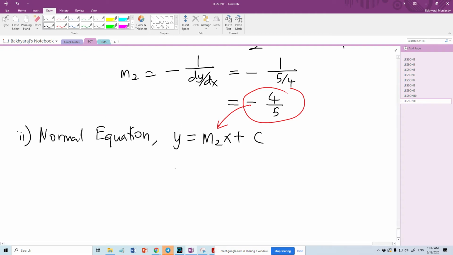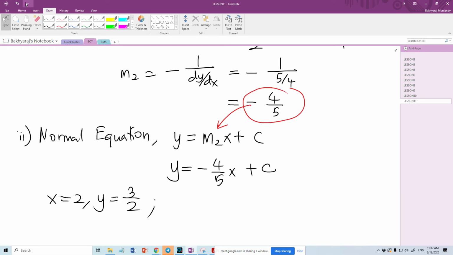Okay, so you get y equal negative 4 over 5x plus c lah. And again, what is your x and y? So x equals to 2, y equals to 3 over 2. So get your c lah. Cari c kita. Okay, what is the last answer? Anyone? Nak bagi jawapan last.